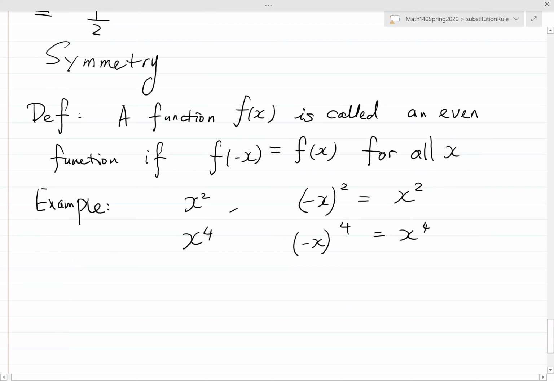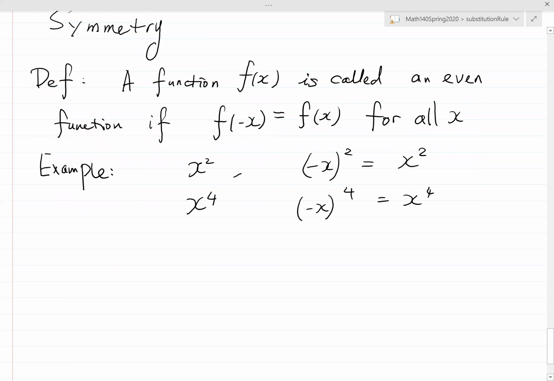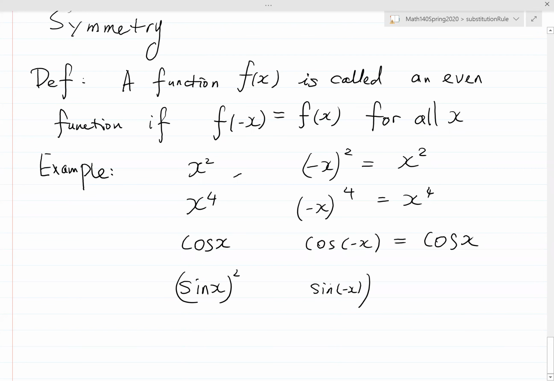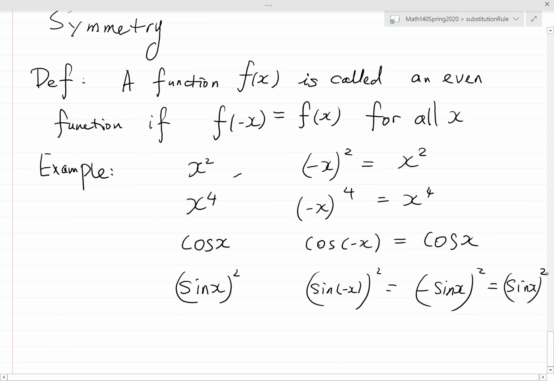So any even power of x gives an even function. For instance, cosine x: cosine of negative x is the same as cosine x, so cosine x is even. Sine squared x is even too, because sine of negative x squared is negative sine x squared, which is negative 1 to the power 2 times sine squared x. So we have a lot of even functions.